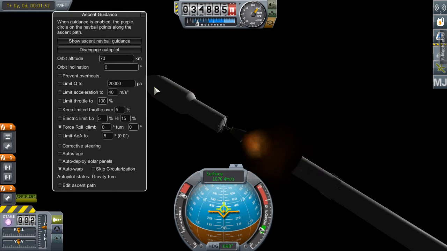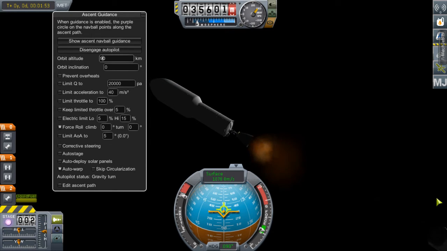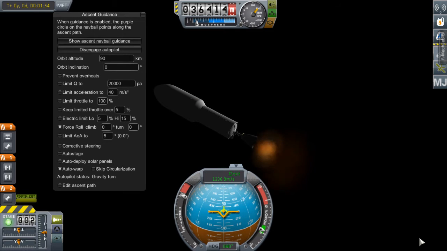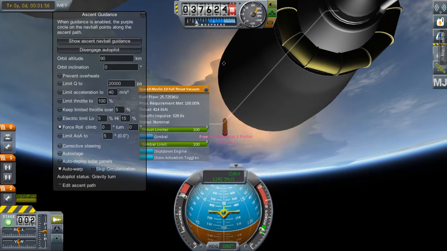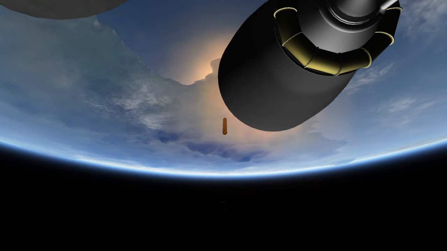Ignition of the second stage. MVAC engine powering up. MVAC engine is active.